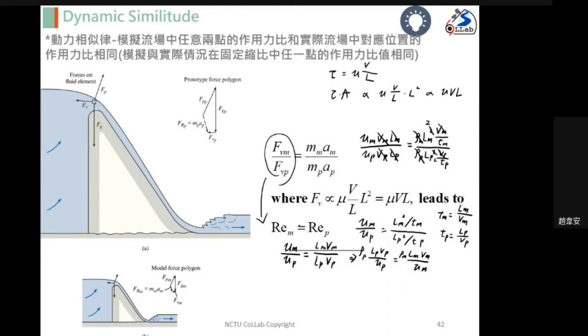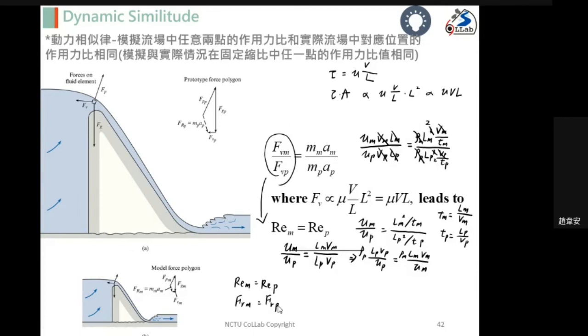The Reynolds number between the model and the prototype needs to stay the same. So for the spillway problems, we need to satisfy the dynamic similitude with the Reynolds number the same between the model and the prototype, and the Froude number also needs to keep the same ratio between the prototype and the model.